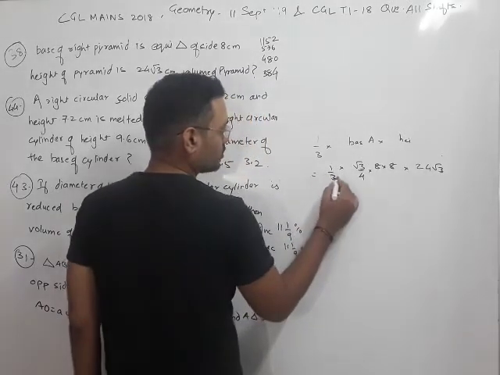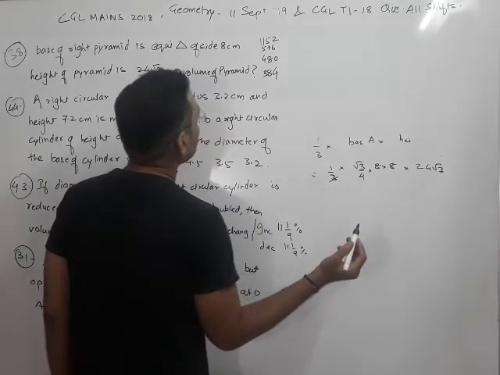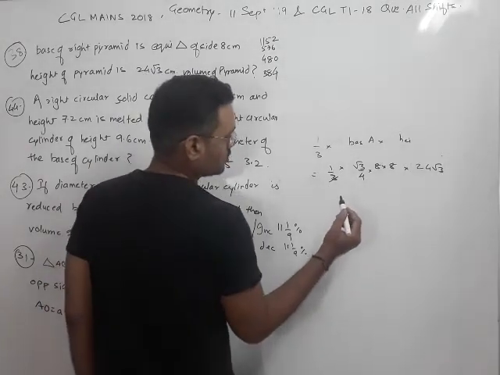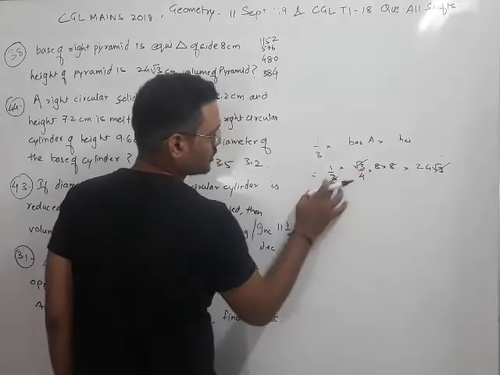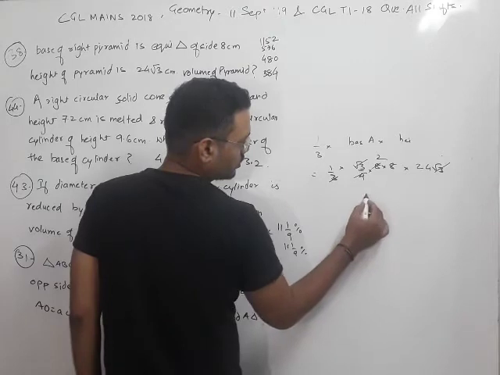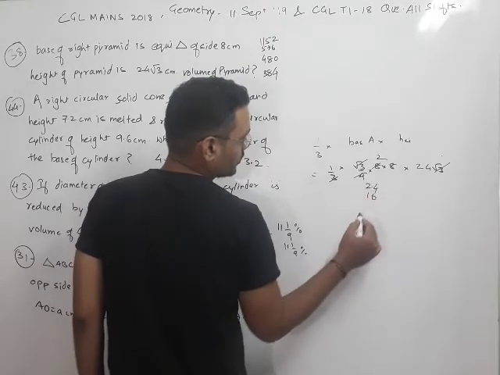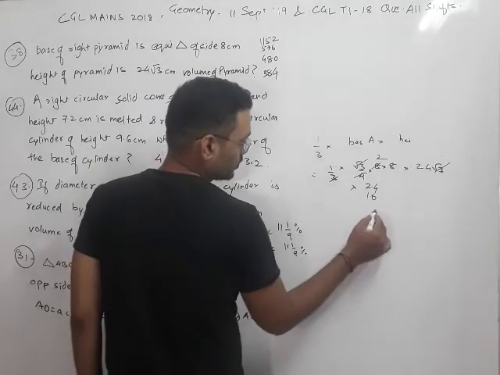Solve this. Okay, this is going to be cancelled. 2√3s are cancelled with this. 4 into 2. So 16 into 24 if we do, 16 into 24, 6 4s are.